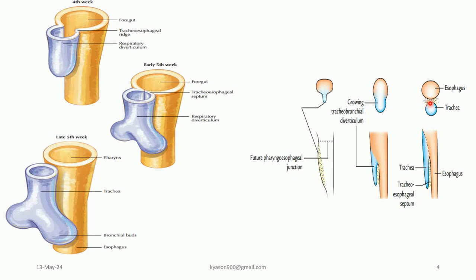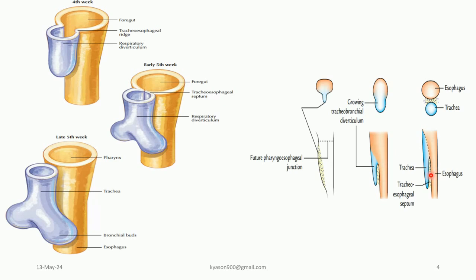Normally this septum forms to separate your developing respiratory structures from the digestive structures. So basically it's just mesodermal tissue that is growing, and it begins as a ridge, and these two ridges grow towards each other, and once they meet they form what we call the tracheoesophageal septum.